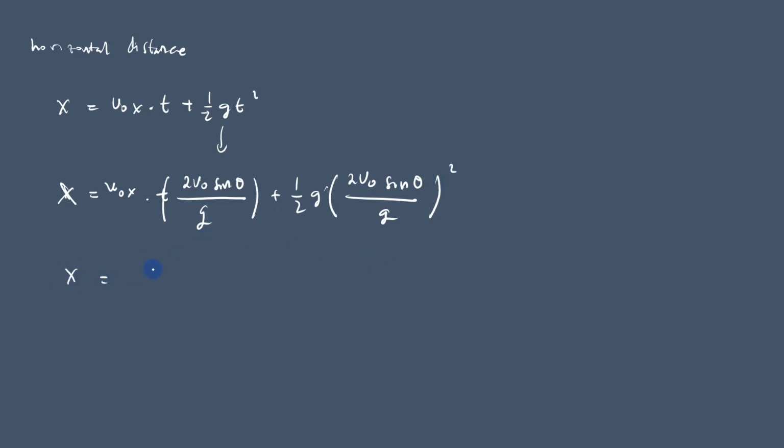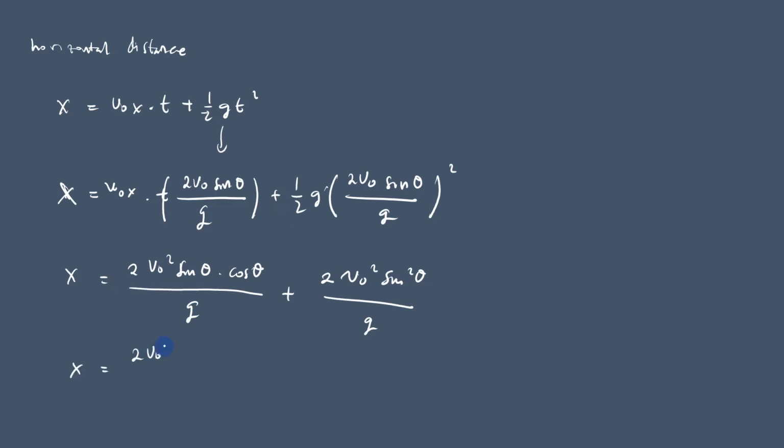We can multiply this out: 2 v0 squared sine theta cos theta divided by g plus, squaring this term, 2 v0 squared sine squared theta divided by g, and we can factorize this term, and we get 2 v0 squared divided by g as the factor.